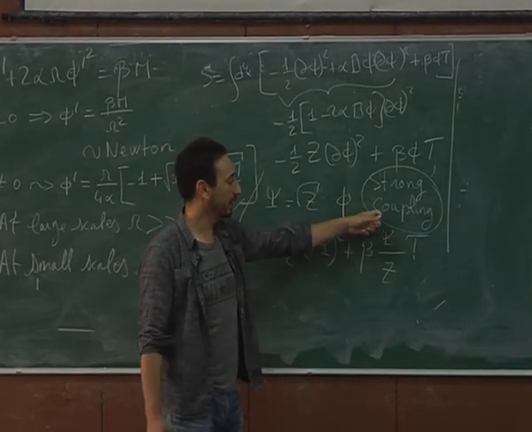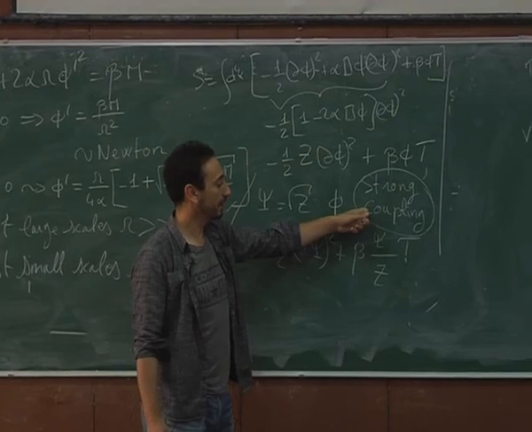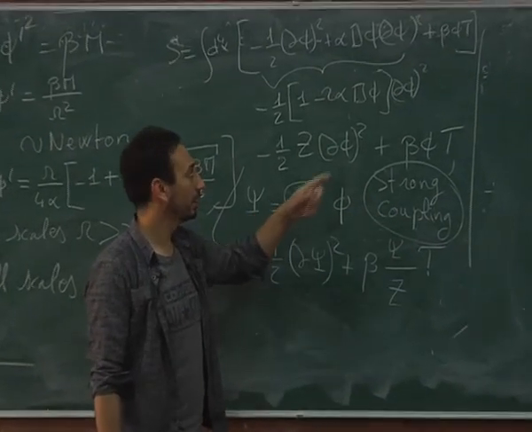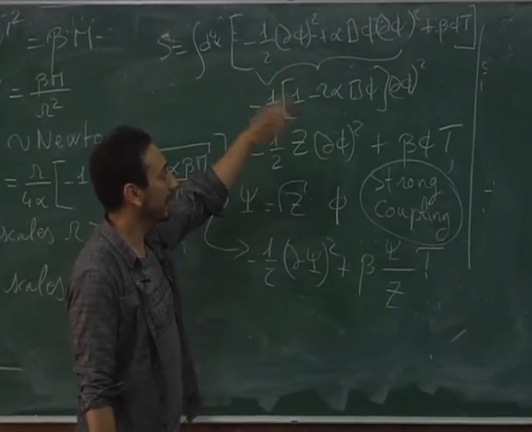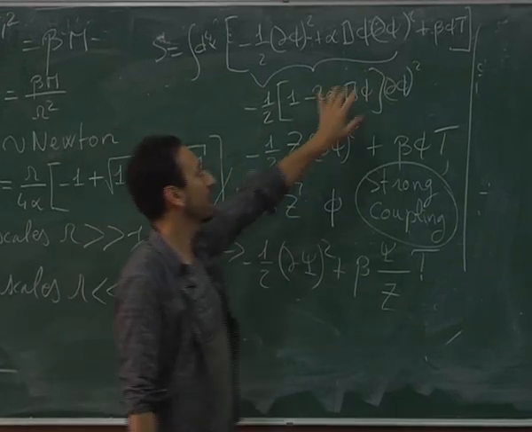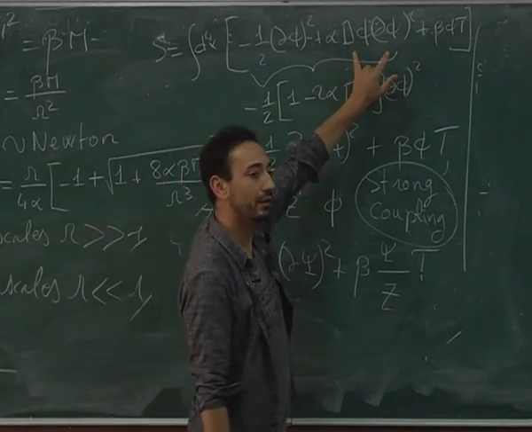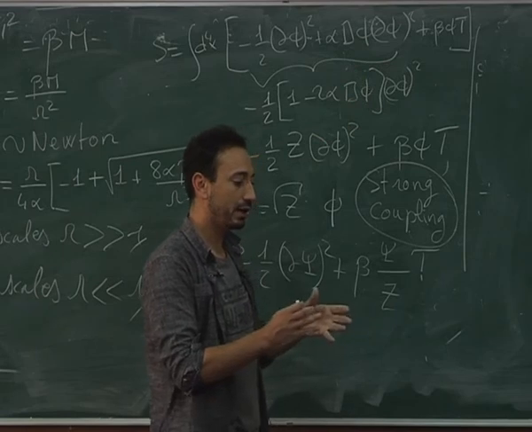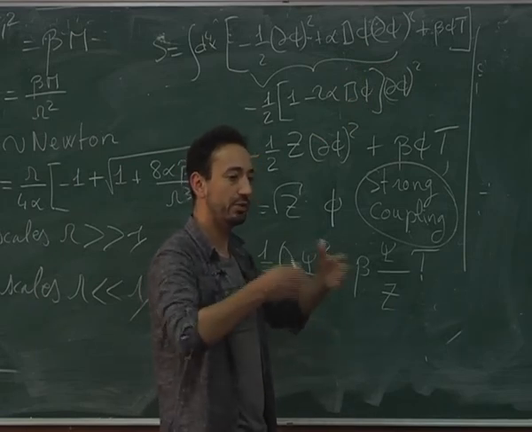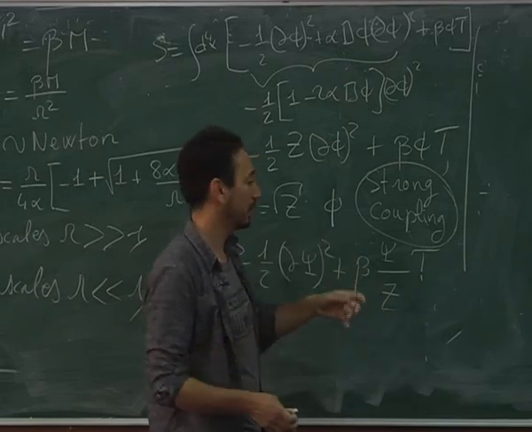The strong coupling means that the scalar field is strongly coupled to itself. Coupled to itself means that you have nonlinear terms like this. So then it has a coupling to itself which becomes extremely more important.